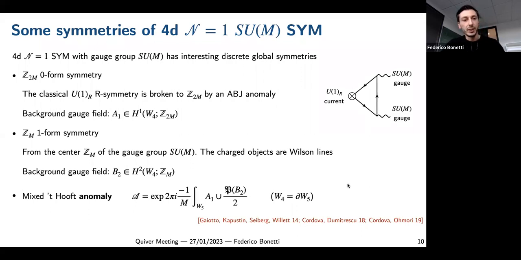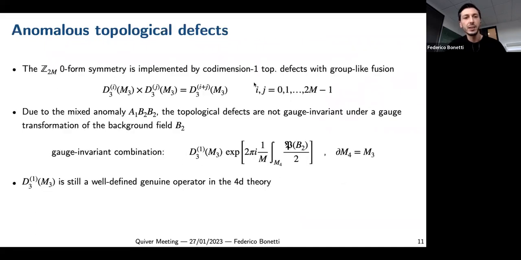Okay, so these are the things we need, and let's now see why combining these elements we get something interesting. Let's start with a simple observation: since we have a zero-form symmetry, it's going to be generated by codimension 1 topological defects, simply things that live on some M3 submanifold of spacetime.